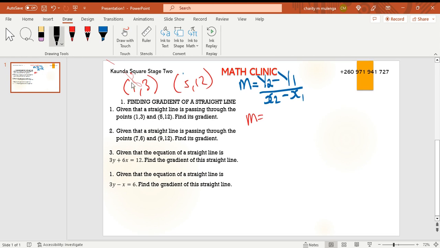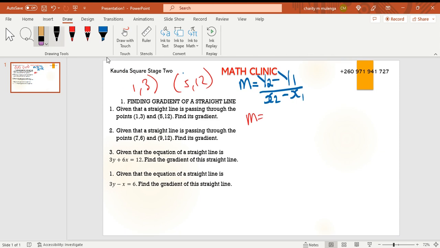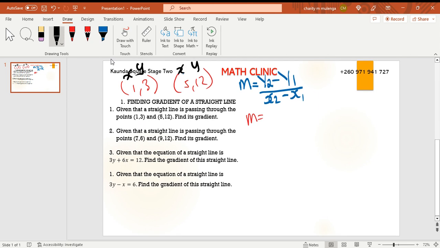I wish to mention to you that if you're given coordinates such as these, the first number that you're seeing there is called x, followed by y. Just like there we have x and we also have y. So because this is the first x, we're calling it x1. That is the first y, we're calling it y1. That is x2 and that is y2.